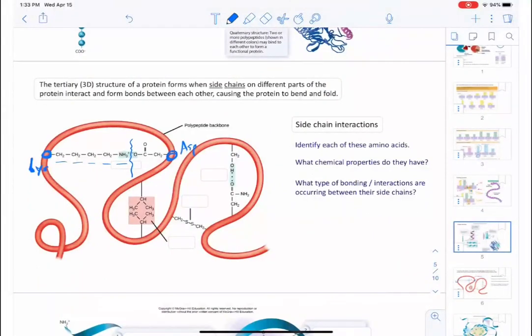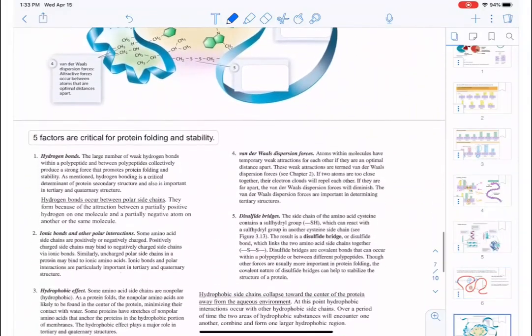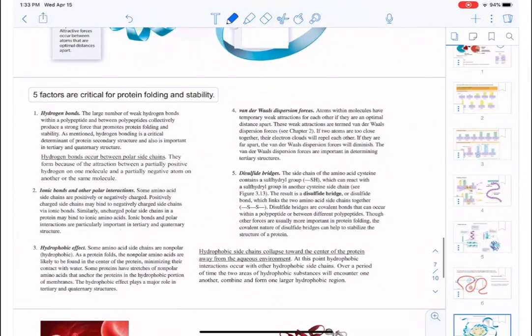So now the question is, what type of chemical bond is holding these two side chains together? And if you go down here, these are the potential chemical interactions, chemical bonds that can form between these side chains. We can have hydrogen bonds.